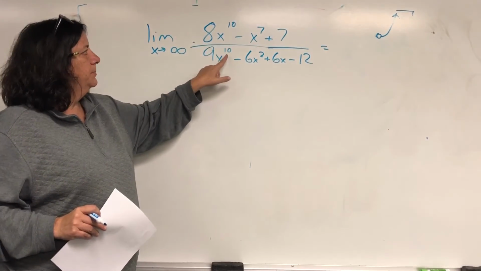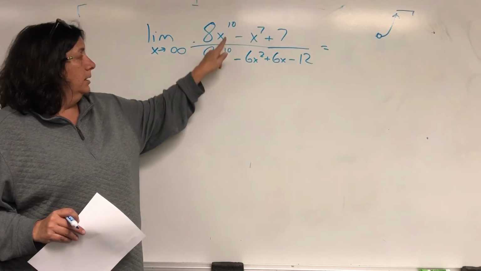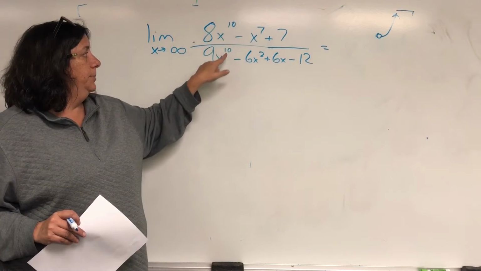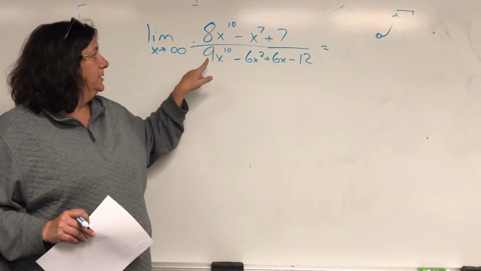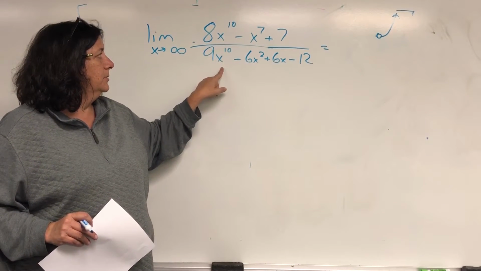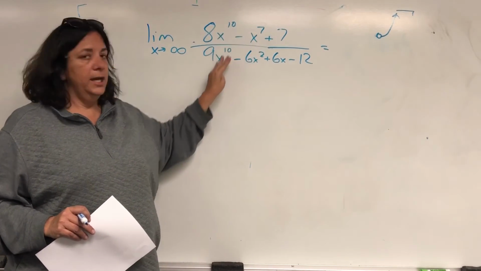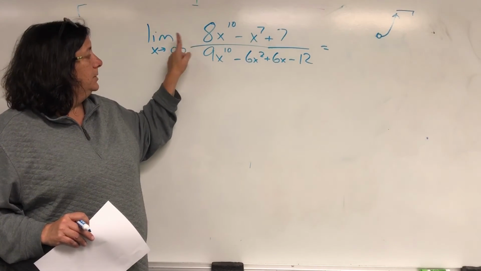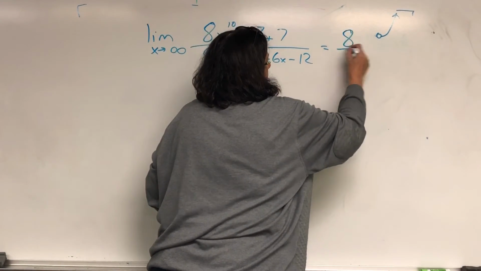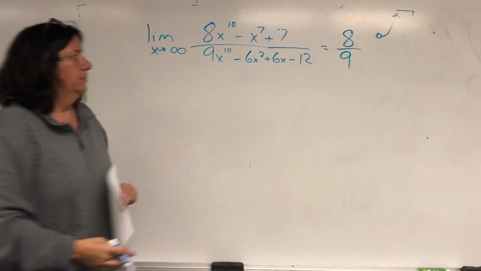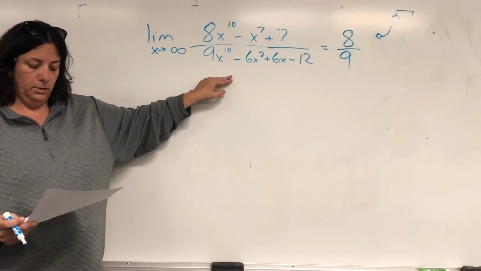And as x gets bigger and bigger and bigger, the rest of this is barely going to matter, right? That's the 10th degree that's going to make the biggest difference. But this is 8 times something to the 10th degree, and this is 9 times something to the 10th degree. So in effect, these will kind of cancel out, which means our limit is actually going to be 8 over 9. And you can play with these in Desmos or something and graph them and see that they really do all work that way.